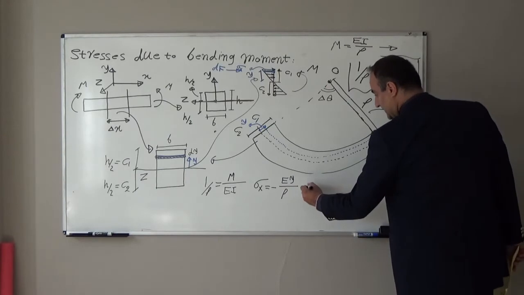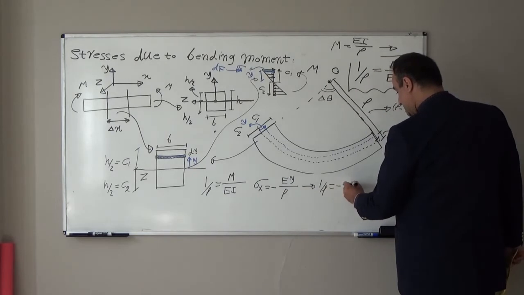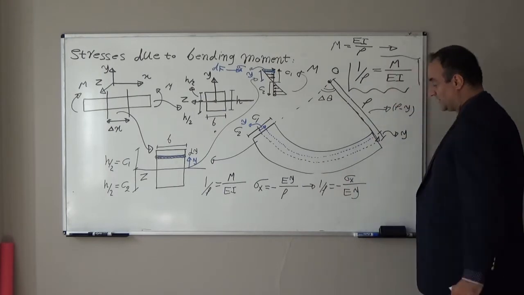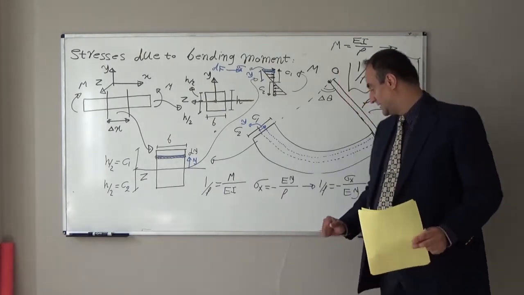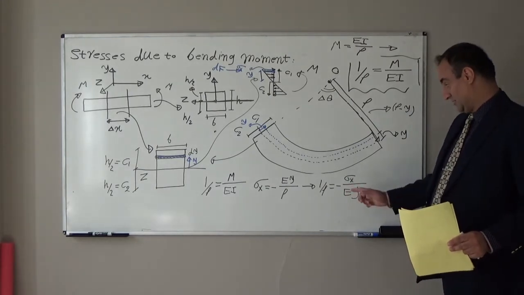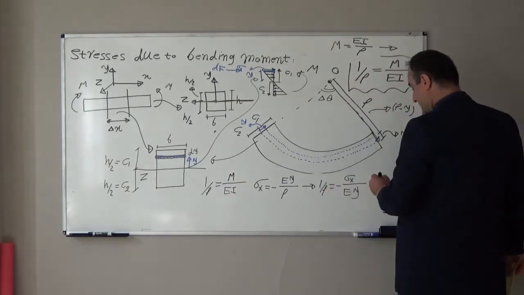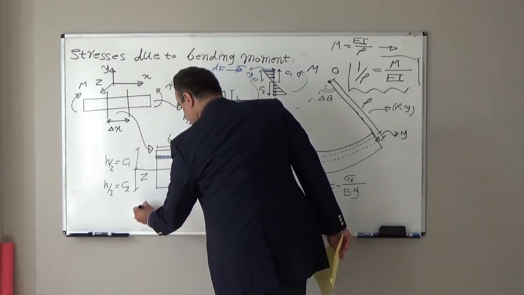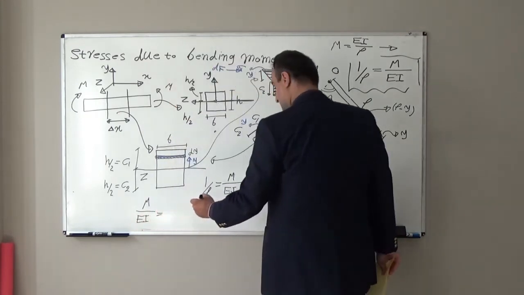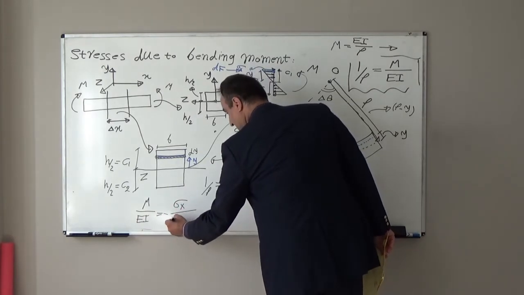From here, I can write 1 over rho is equal to negative sigma x over E y. 1 over rho is equal to M over E I, and 1 over rho is equal to negative sigma x over E y. If I put these two equal, because you see the left side is 1 over rho, I can write M over E I is equal to negative sigma x over E y.